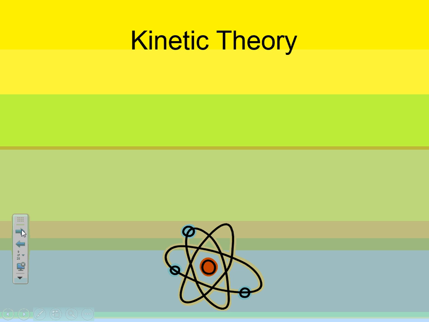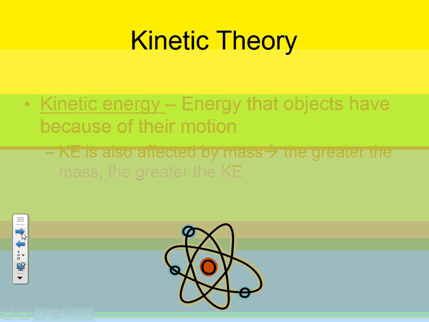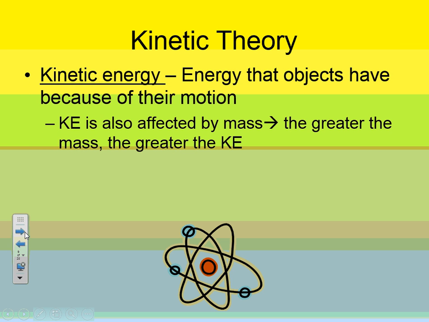And you're like, kinetic theory? What does kinetic theory mean? That's two words that are really sciencey, and I don't really like those words. Well, we talked a little bit about a theory. A theory is an explanation based on scientific observation. But what does kinetic mean? Well, kinetic energy is energy.